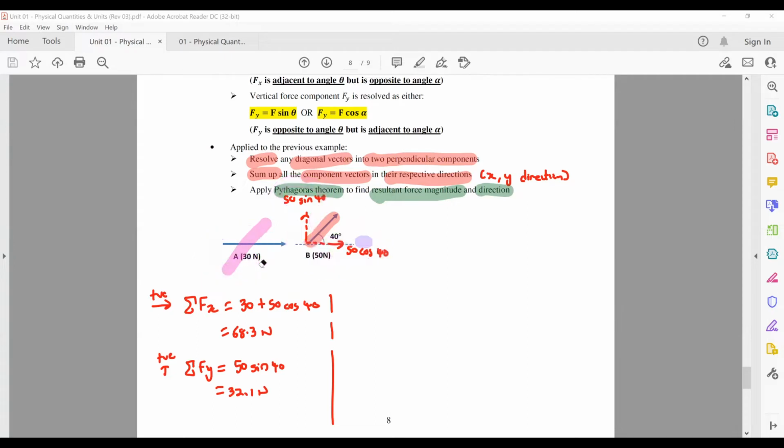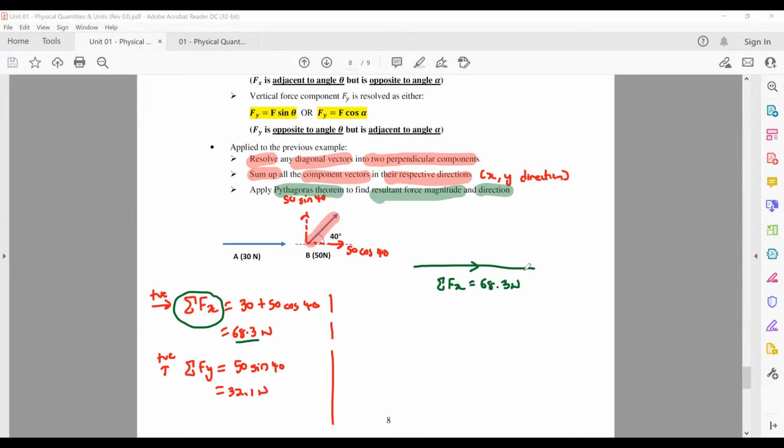Because if you look back at the original diagram here with all the forces resolved, when I say sum of Fx forces being equal to 68.3 Newton, it can be represented as a horizontal line like this, where this is sum of Fx being equal to 68.3 Newton.